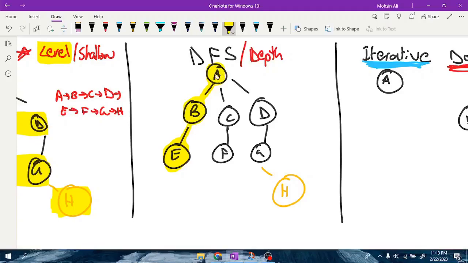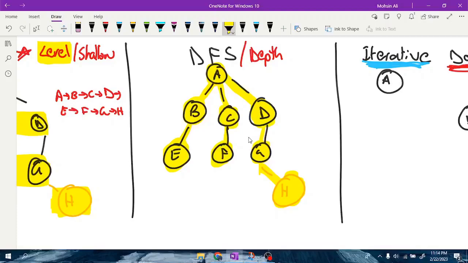Does A have any children? Yes, it does. So you go down that depth. And then you go back, you go back, you go back, and you say, hey, does A have any other children? Yes, it has. So you go to D, and then to G, and then you go to H, and since you have met your goal, you just stop over there. So that is depth first search.